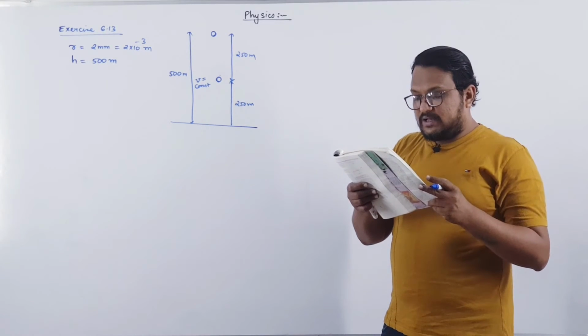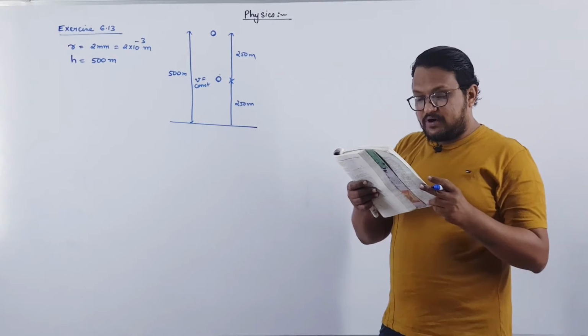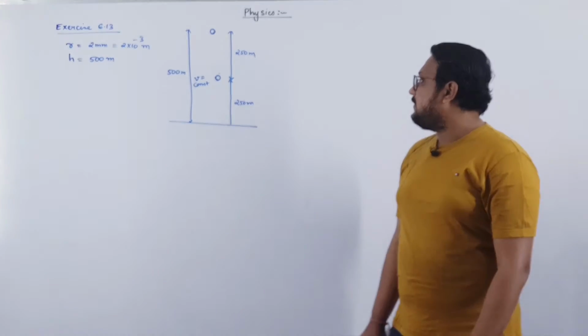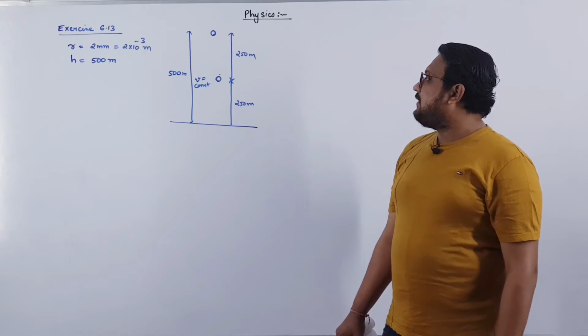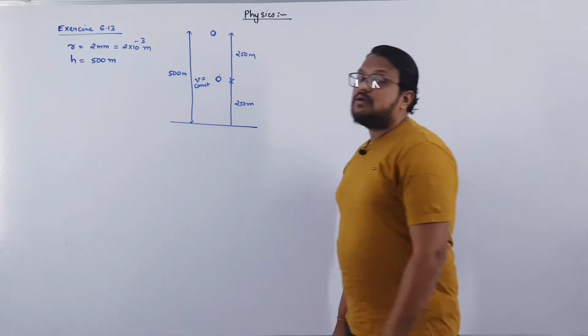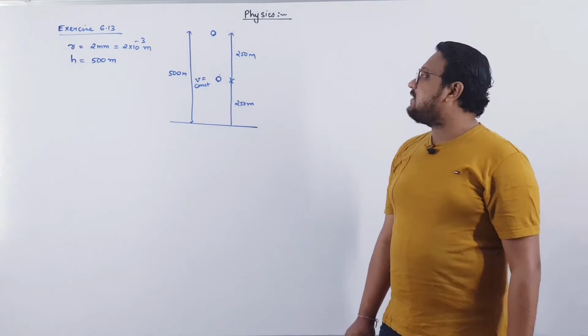What is the work done by the gravitational force on the drop in the first and the second half of its journey? We have to find the work done by the gravitational force. For work done, we should know the mass of the drop.